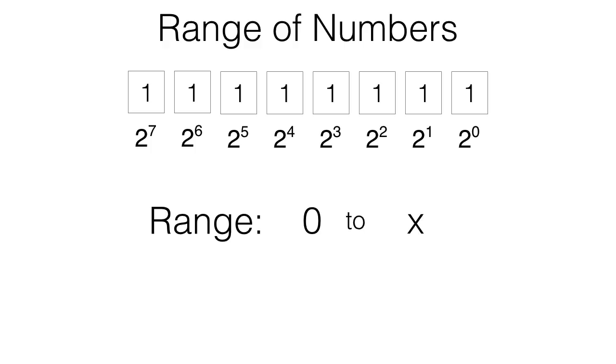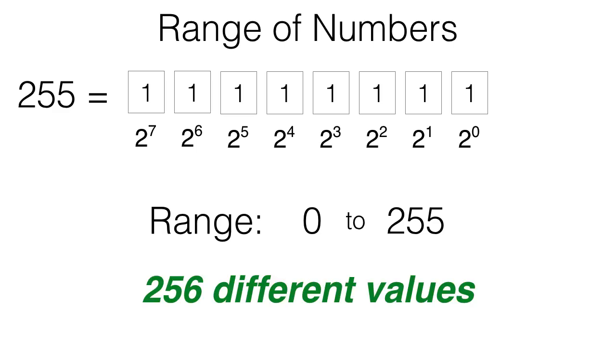Okay, so if you were successful at it, then you would find that the total range, so our set of numbers, goes from 0 to 255. And what's that mean? It means we have 256 different values that we can represent with these 8 bits.